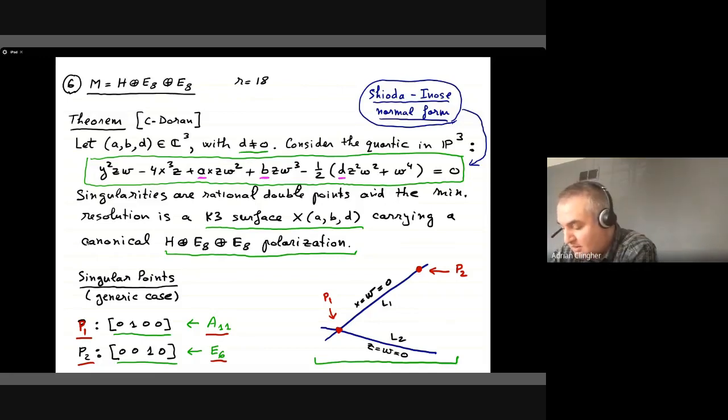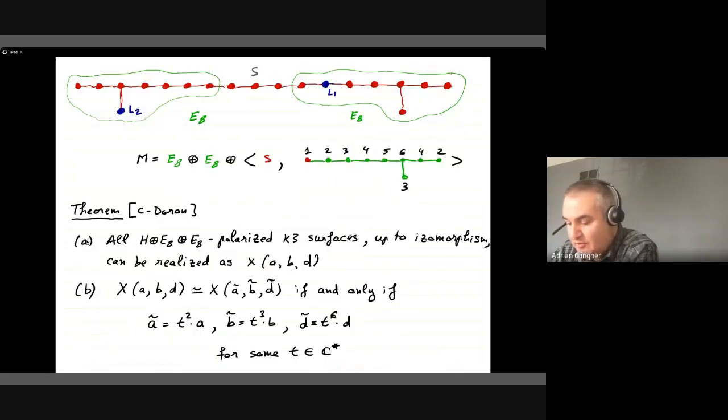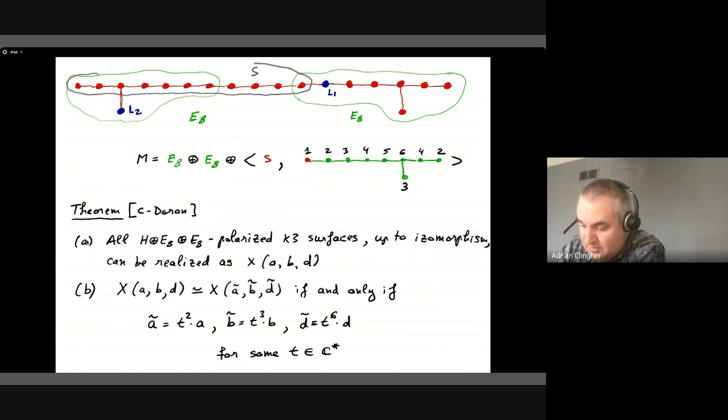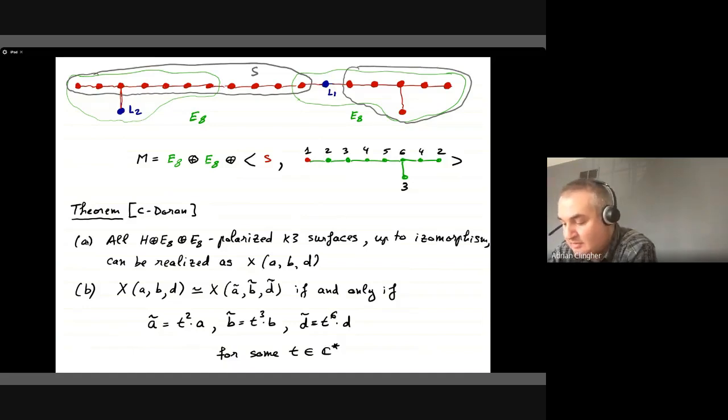The first line contains P1 and P2, and the second line passes through P1. And if one performs this desingularization, the following configuration of rational curves appears. So here I have the desingularization of the first singular point. Here I have the desingularization of the second singular point, and in blue I have the 2 lines.